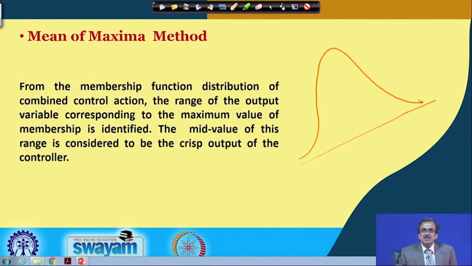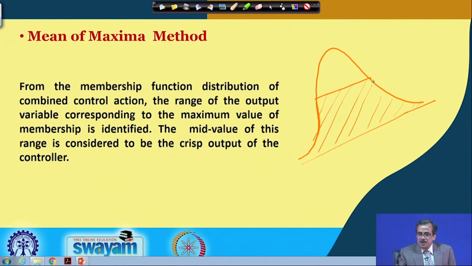Supposing that I have one Gaussian, there could be another Gaussian here, but let me consider only one Gaussian for simplicity. What you will have to do is find out this particular area, and if you want to find the area of the shaded portion, there is no way out but to take the help of integration, because this is a nonlinear one.